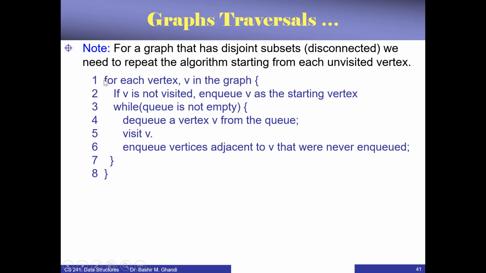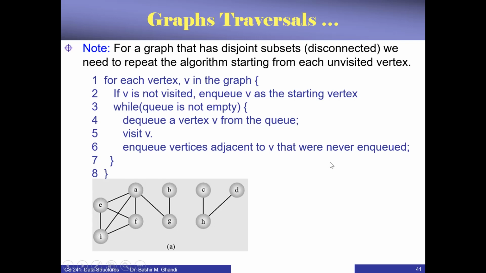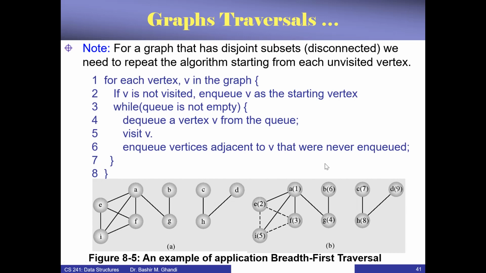You will have to use an outer loop to make sure you don't just start from one vertex, you start from each vertex in the graph. If you do that, you will be able to visit all vertices. So this is what this example is showing you, exactly like we saw with the one on depth first, and this is going to be the result.